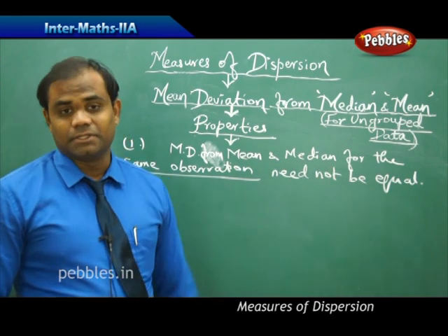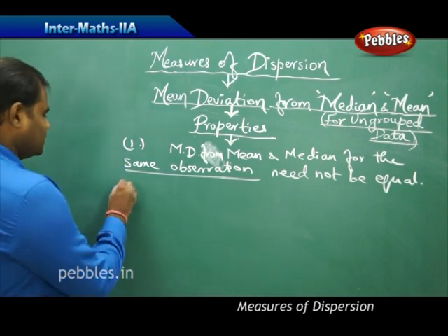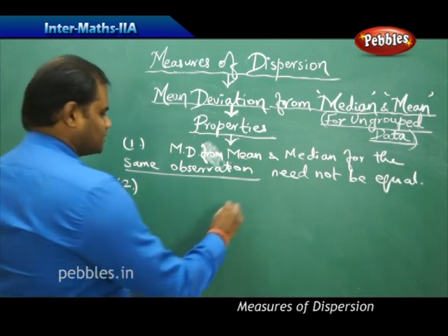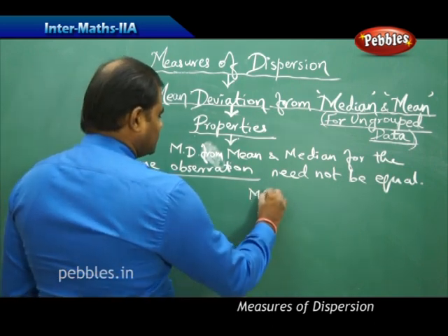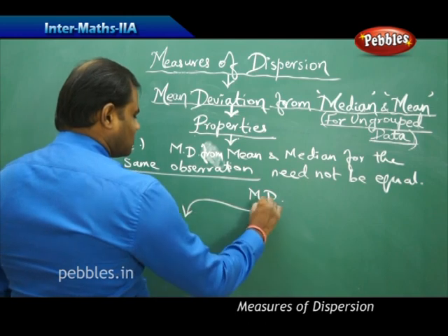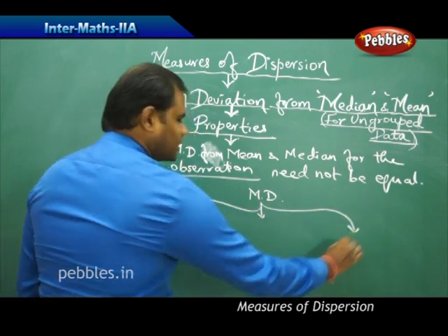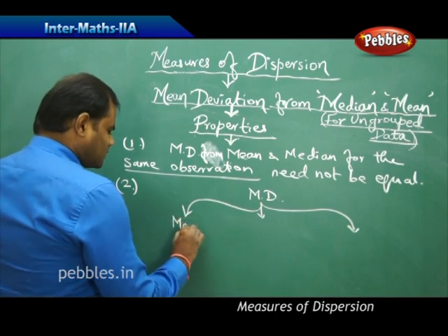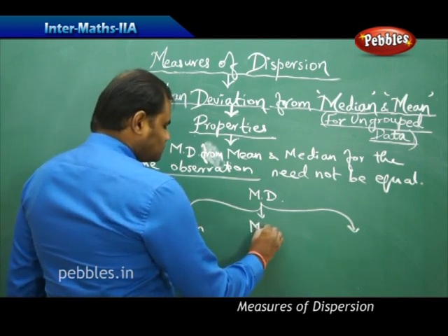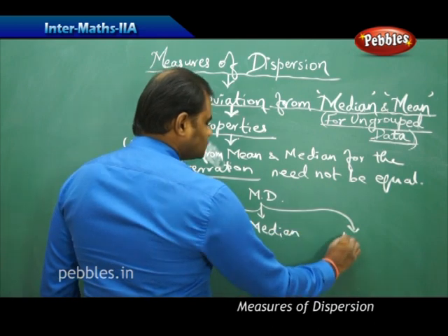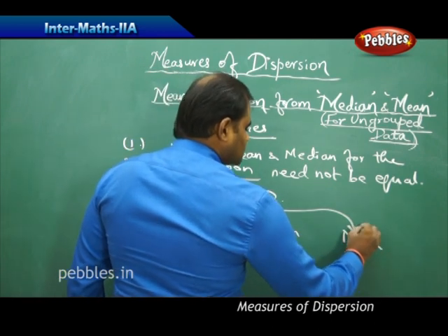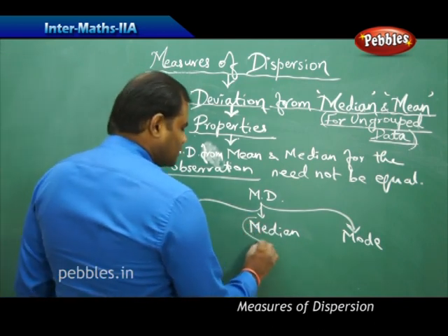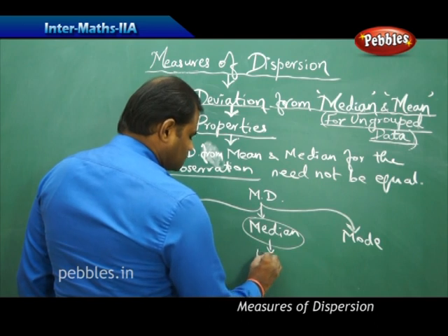mean and median. The second important property here is that if you take the mean deviation as calculated from the three measures of central tendency which we have in the branch of statistics, one is mean, median and mode, then the mean deviation as calculated from median will give me the least value.